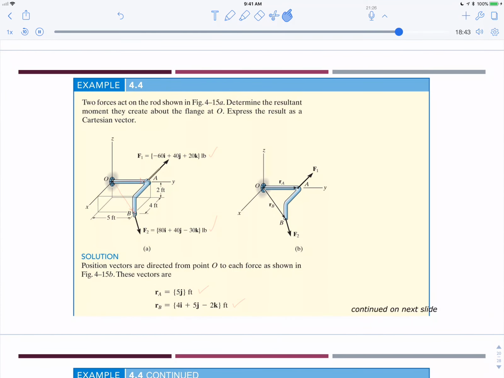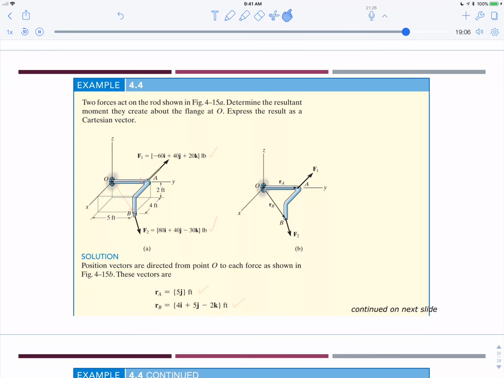Let's look at another example. In this example, we want to get the total moment from force F1 and F2 about O. All we need to do is get the moment of F1 about O and add it to the moment of F2 about O. Remember, you pick any vector from O to the line of action.